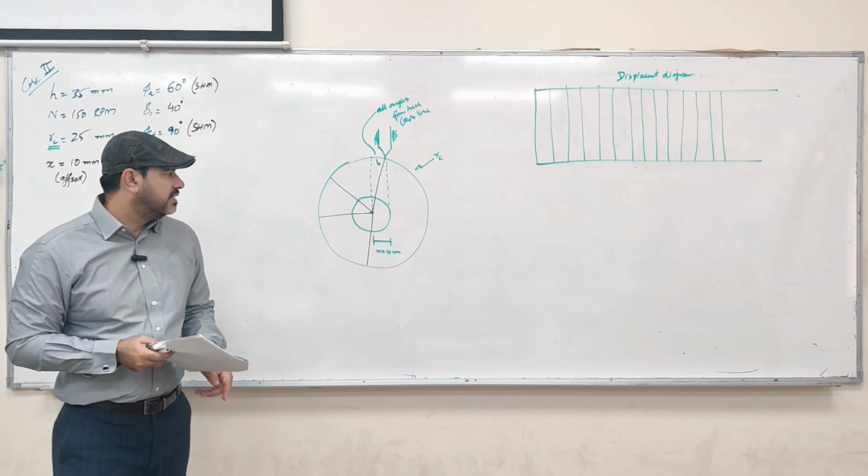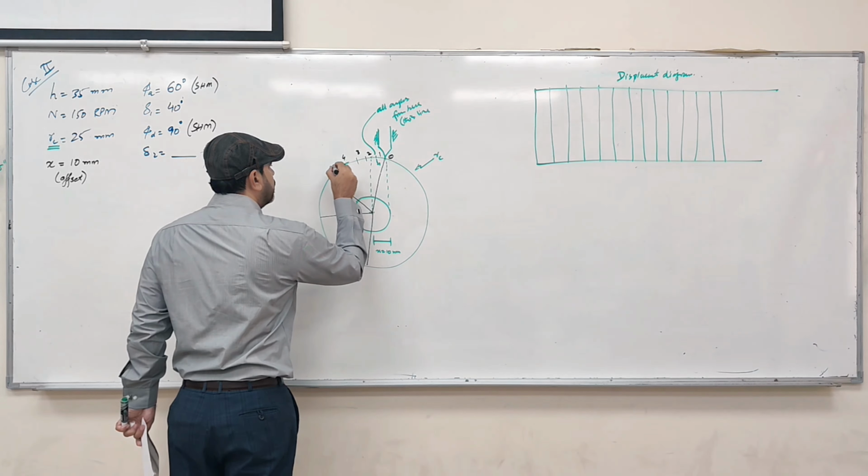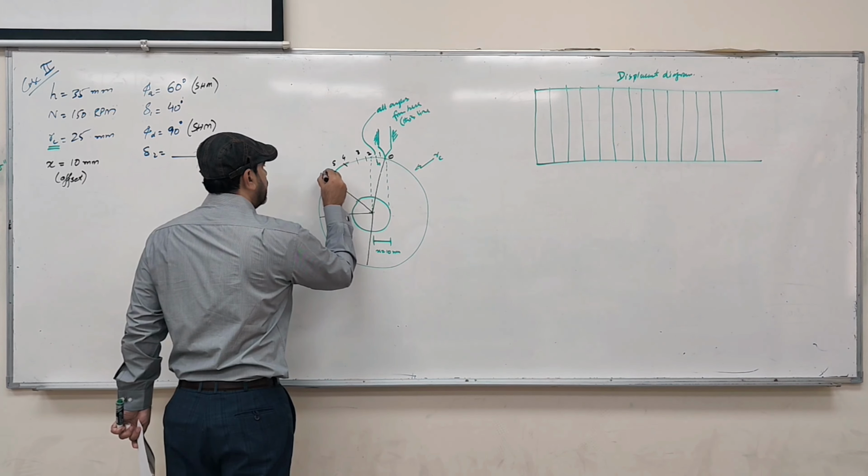Going back to the displacement diagram, we need a reference for it because everything is simple harmonic motion. We need to divide this again into 6 points: 0, 1, 2, 3, 4, 5, and 6.